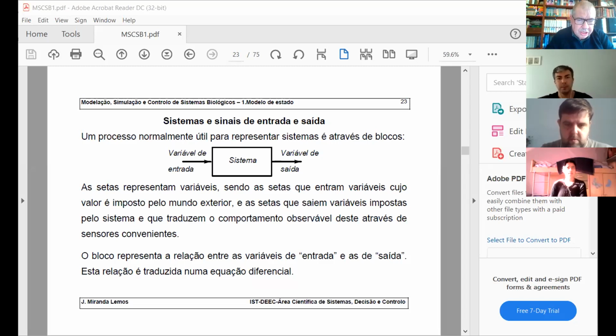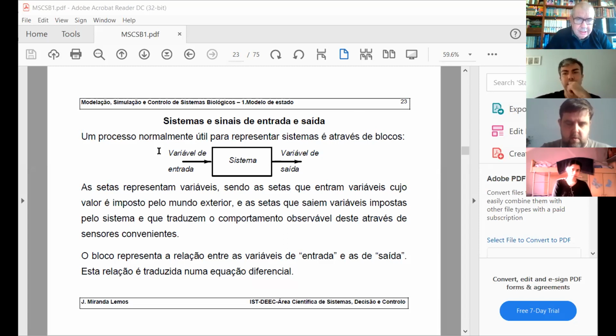So let me show you a couple of slides and use this for a couple of examples. We have been describing systems mainly by the state model. And if you want to do a sketch of what is happening, we have some variables that you impose.